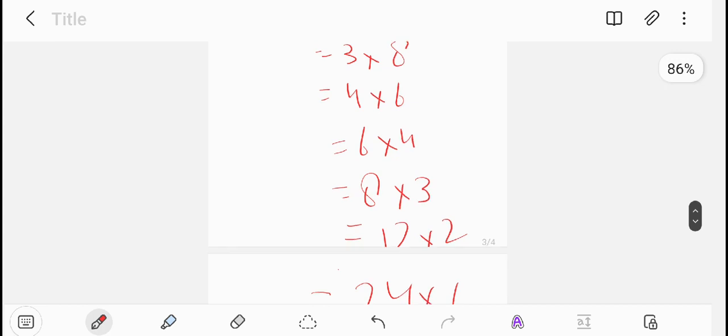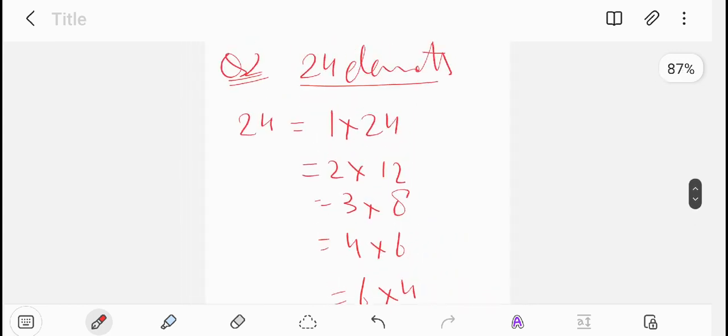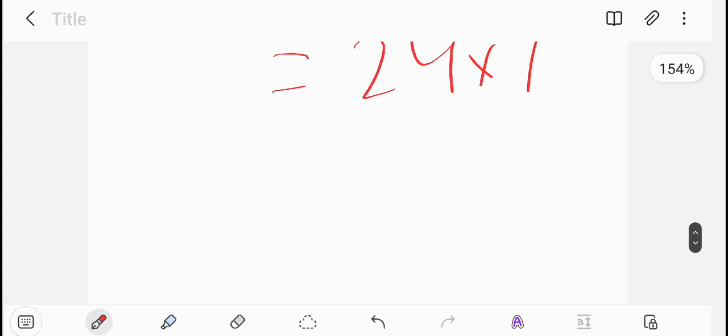So all these are the possible orders. The possible orders of the matrices that we can have are 1 by 24.